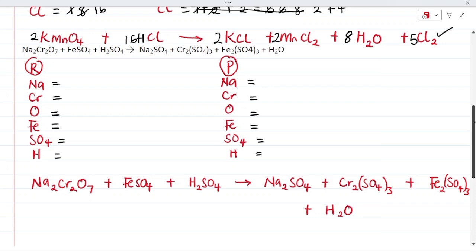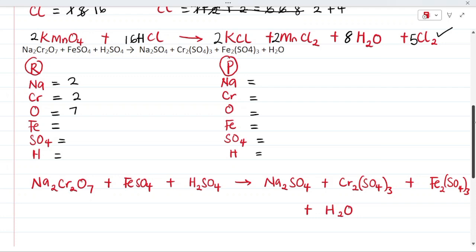So let's count again. On the reactant side, sodium is 2, chromium is 2, oxygen is 7. Now you can see another principle again. In order to avoid some stress, which are avoidable, polyatomic atoms, take them as one atom.